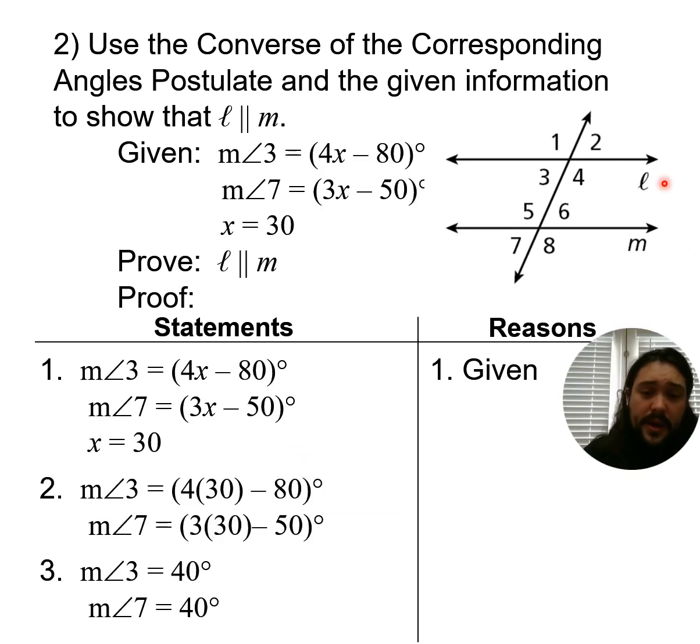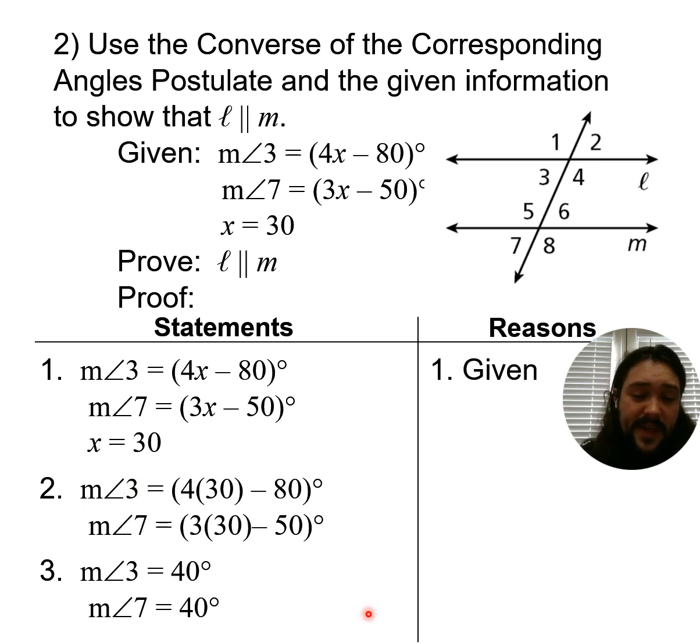Okay. Now we have some angle measures. We're going to prove that they are parallel this way. We're given that the measure of angle 3 is 4x minus 80. The measure of angle 7 is 3x minus 50. X itself is 30 degrees. That's all information we know, so our reason number 1 is given.